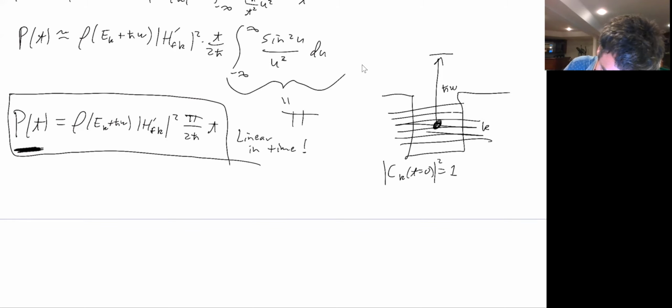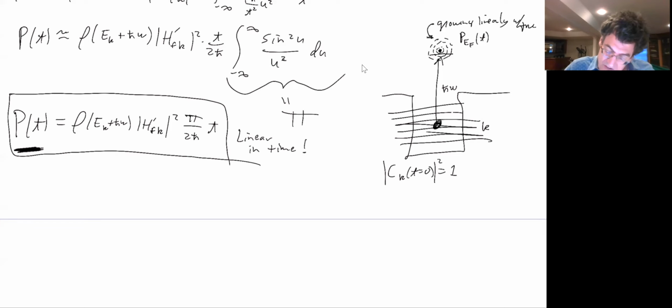And so I have my probability here. That's my p of e final of t. And the point is that this probability is growing linearly with time.